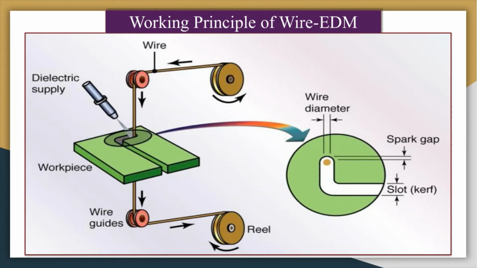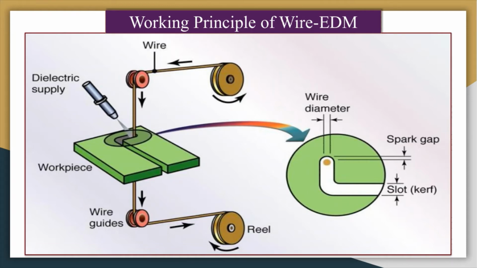Here one more thing I want to say: in the normal die sinking EDM process, you do not need to make a hole in the workpiece surface. But in this wire cut EDM process, you have to make a contour on the workpiece. So first you have to pass the wire through the workpiece, so initially there will be a hole.